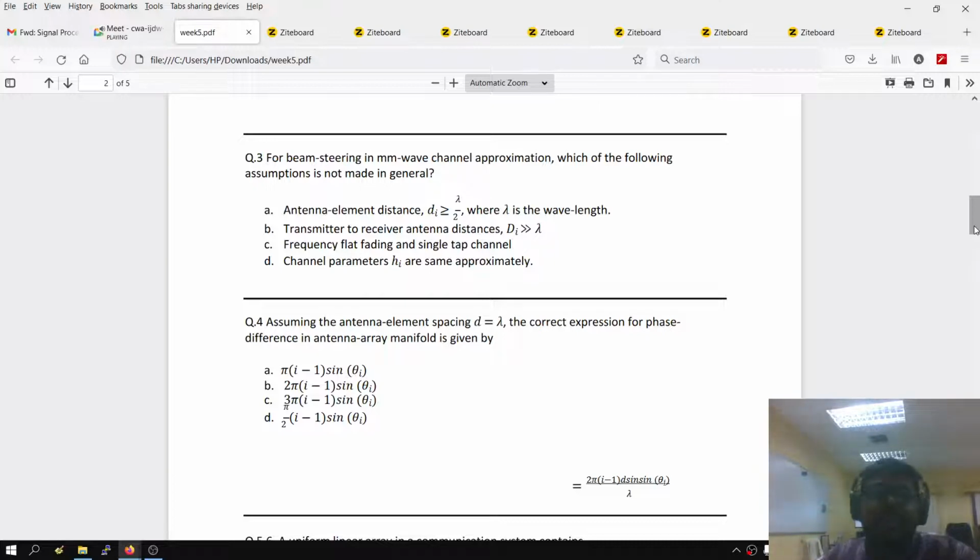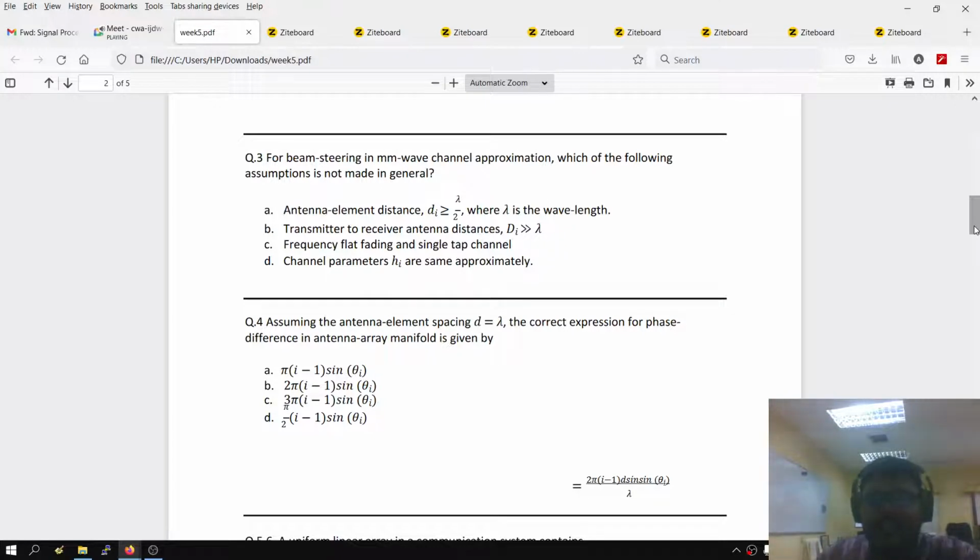But the channel parameters HI are approximately the same. This conclusion cannot be made because there would be a difference of phase shifts. Every antenna element will have a little phase shift.